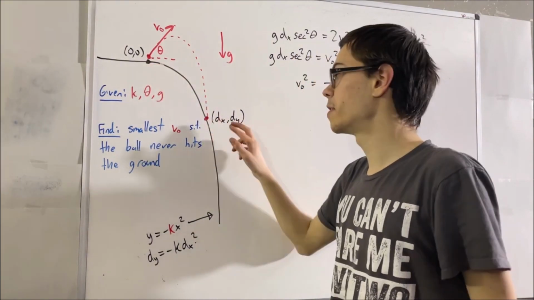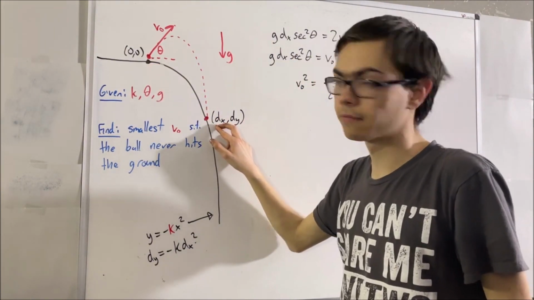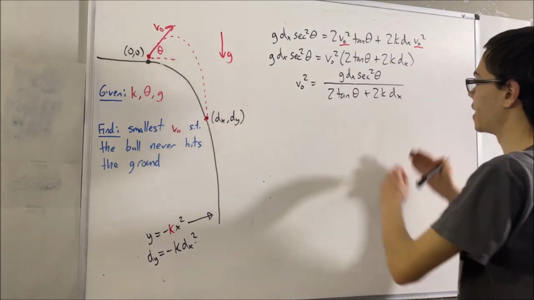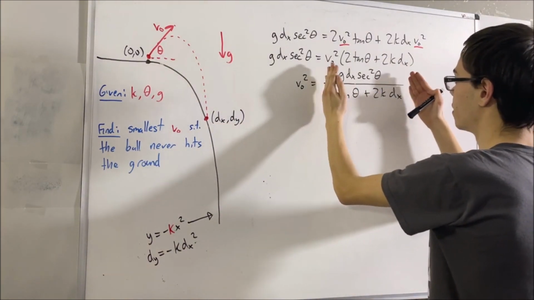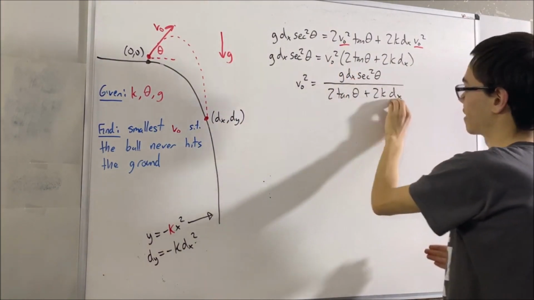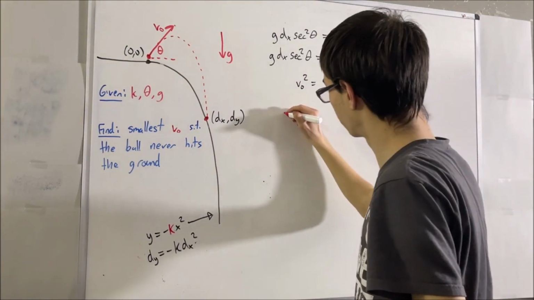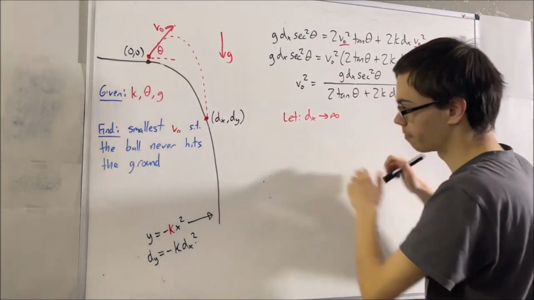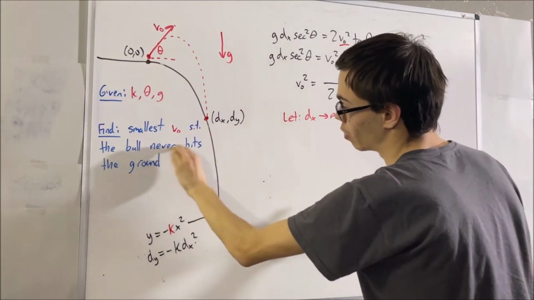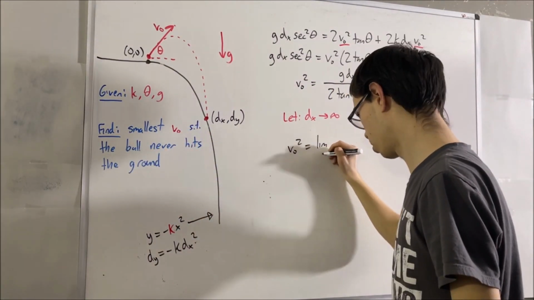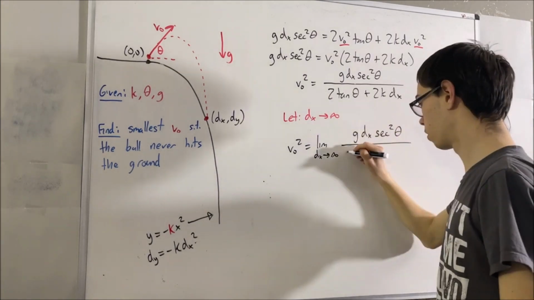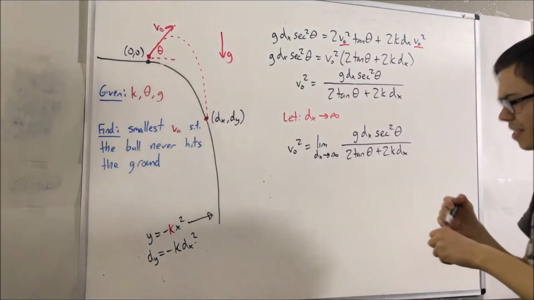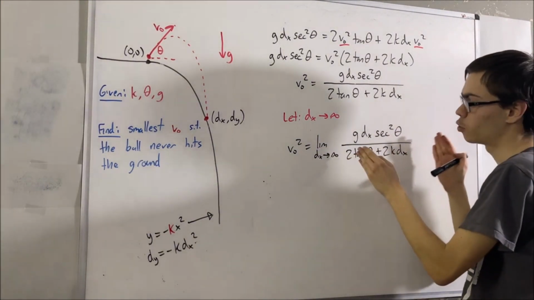In other words, what happens if dx approaches infinity? Right? So we're just going to take this expression and think about what happens as dx approaches infinity. So now we're going to basically rewrite this as a limit to get to the v naught that we really want to solve for. And so this is the limit that we have to evaluate.